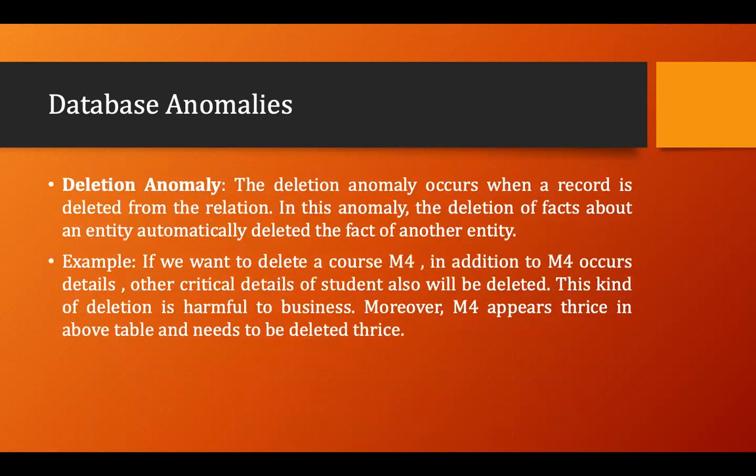Now, the last anomaly is the deletion anomaly. Deletion anomaly means when we want to delete any particular record in the complex table, the related record will automatically be deleted. So I may lose some facts or some important data in my database. When we want to delete any data from the table, I have to delete one row.